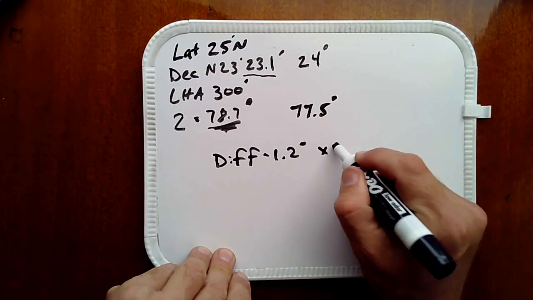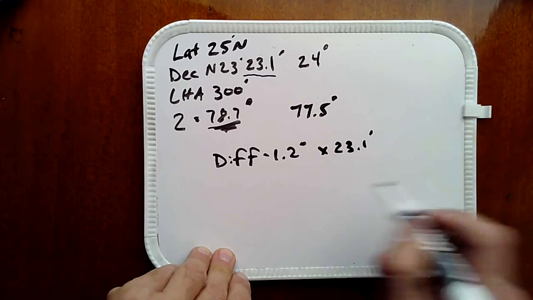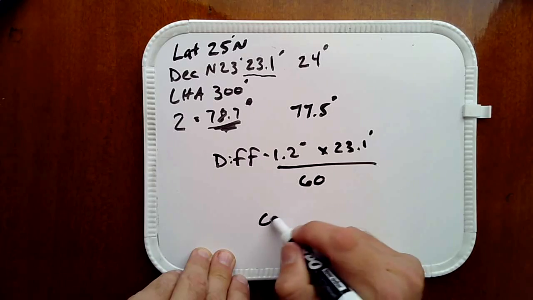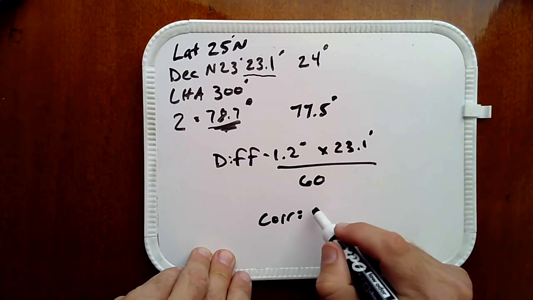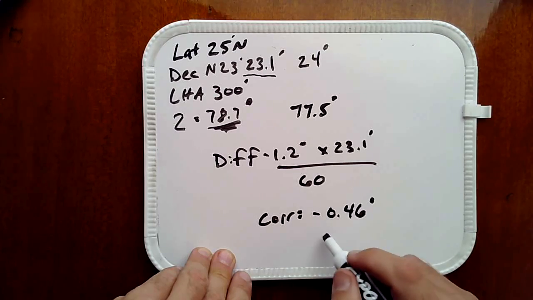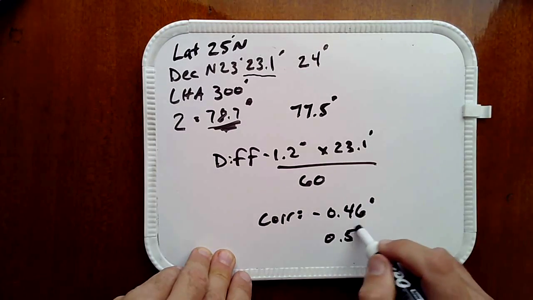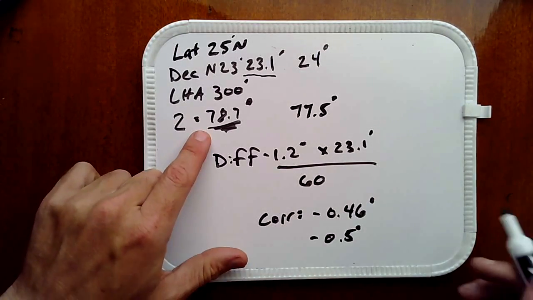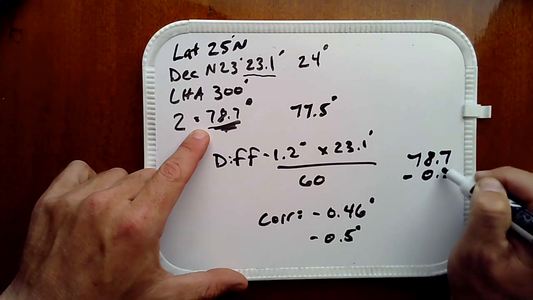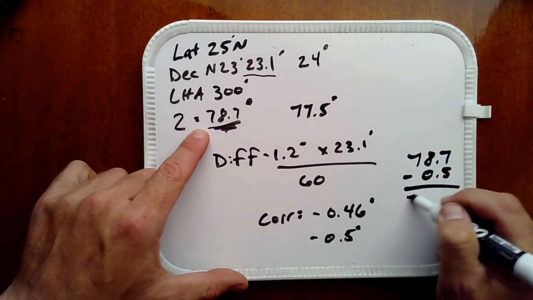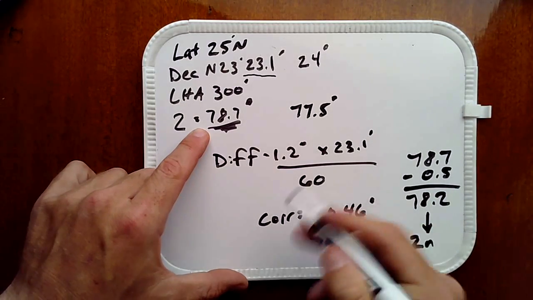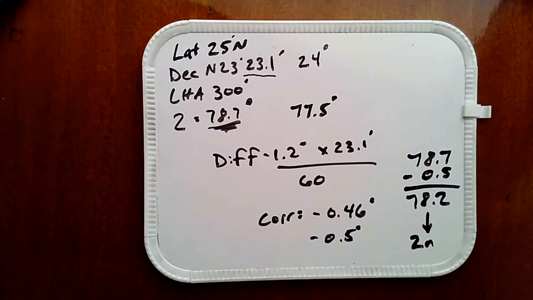So if we multiply this by the increment, 23.1 minutes, and then divide the whole thing by 60, you'll end up with a correction of negative 0.46 degrees, or roughly 0.5 degrees. So now you can take this base Z of 78.7, subtract the 0.5, and get a new base Z of 78.2, which you can turn into a ZN depending on your circumstances of where you're at in the world.